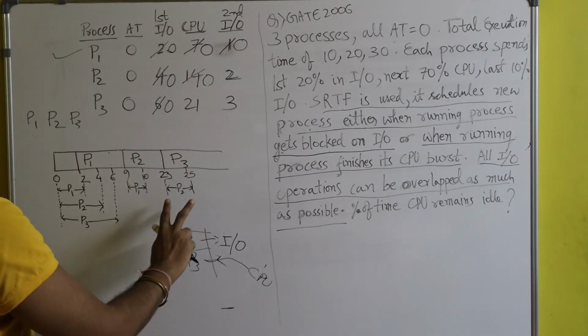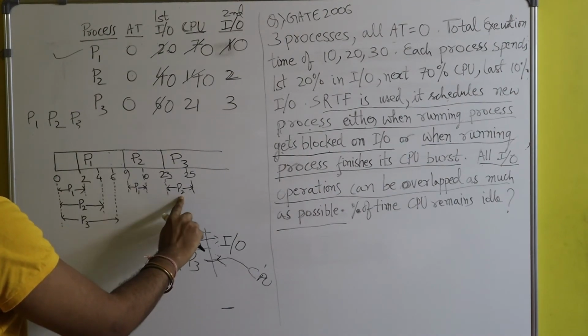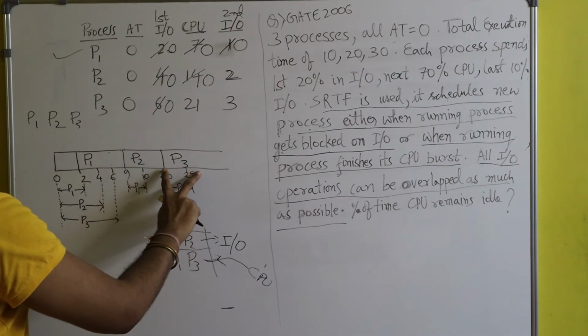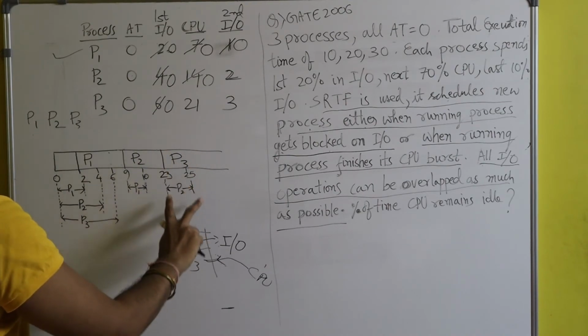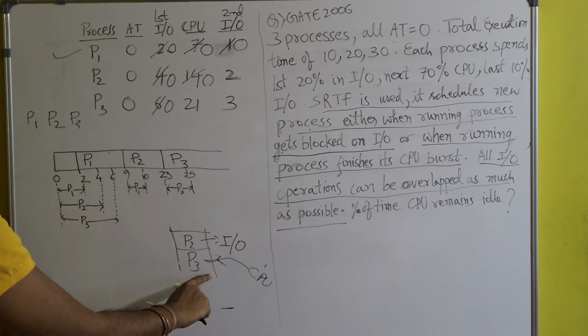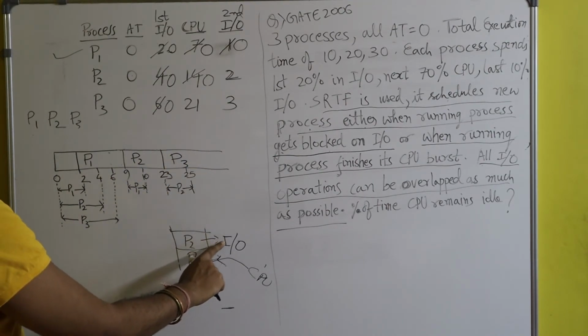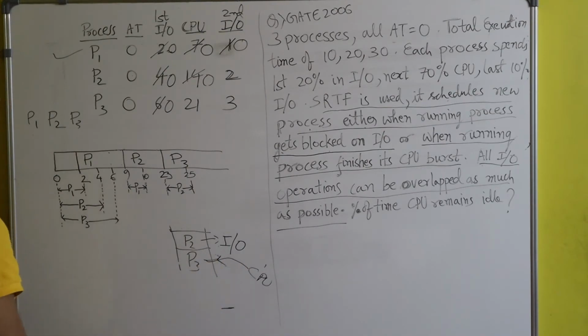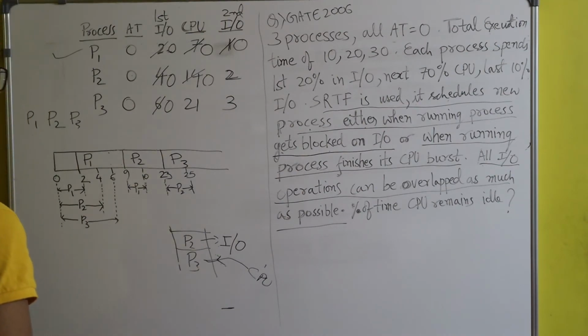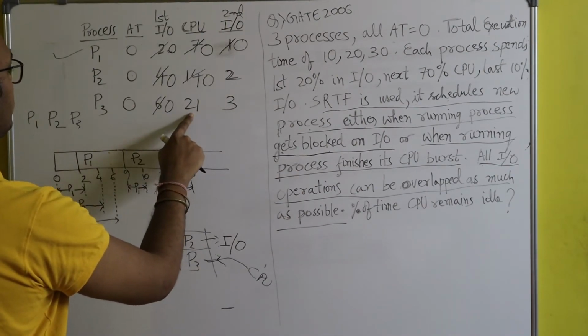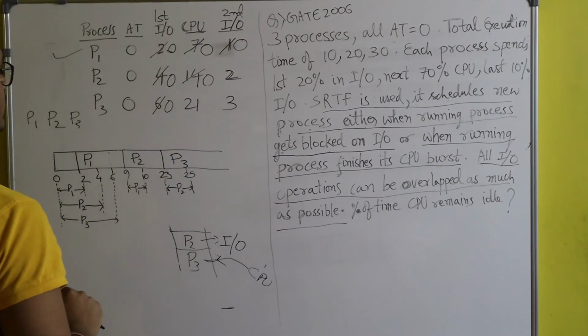You see here the IO of P2 and the CPU of P3 are both executing parallelly. Just see this figure. And here the CPU time of P3 is 21 seconds.